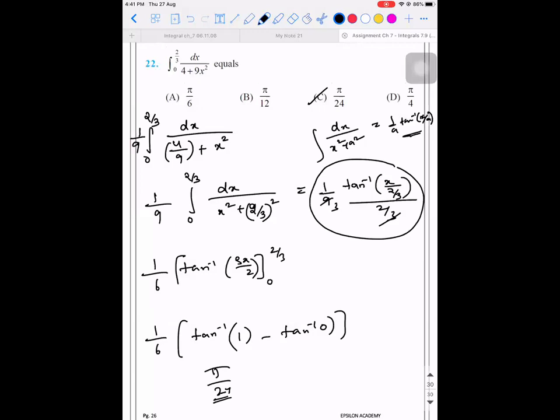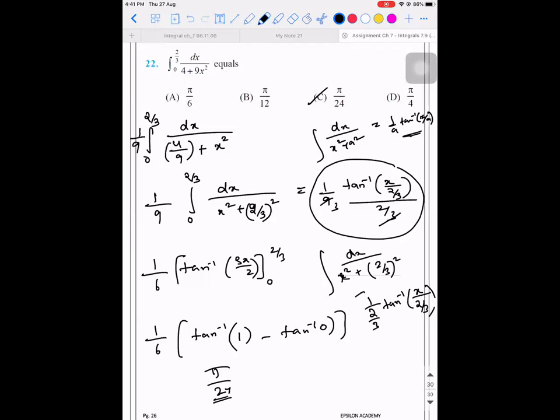Sir, can you explain this question, sir? See, I've taken the 9 outside, then I wrote it as dx divided by x square plus a square. A is nothing but 2 by 3, the whole square. Okay, forget about 9 as of now. Integral of 1 by x square plus a square is 1 by a into tan inverse of x divided by a.